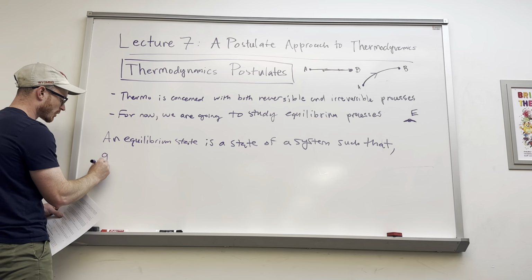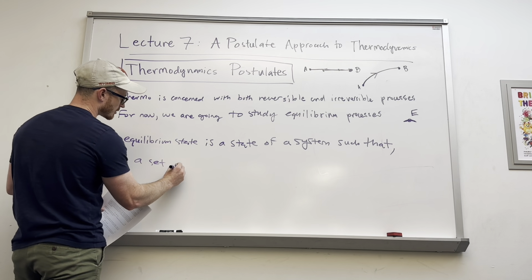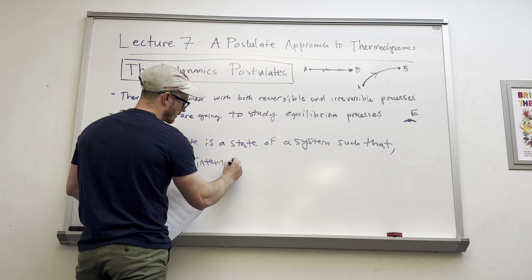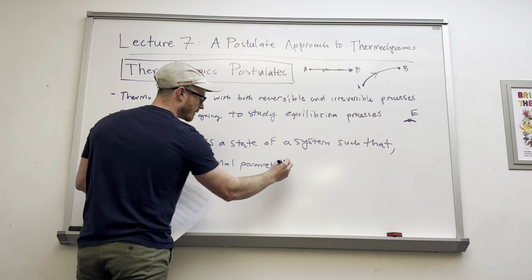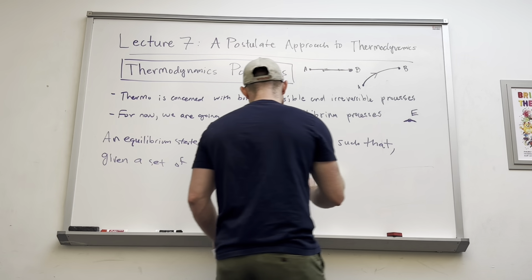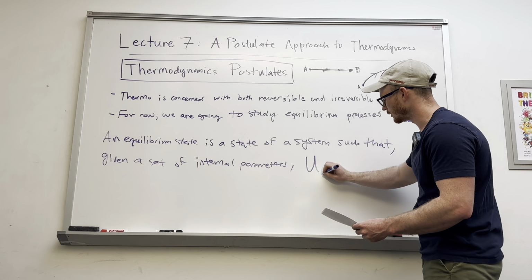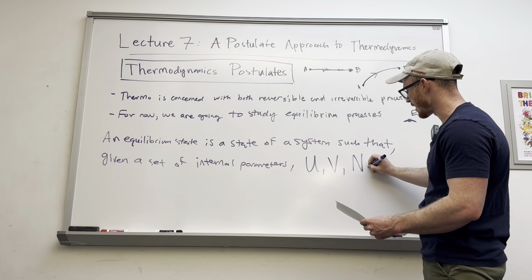given a set of internal parameters, so these are parameters that describe the system, and we're going to be explicit about what these parameters are. They're going to be the internal energy, the volume, and the number of particles of each type.